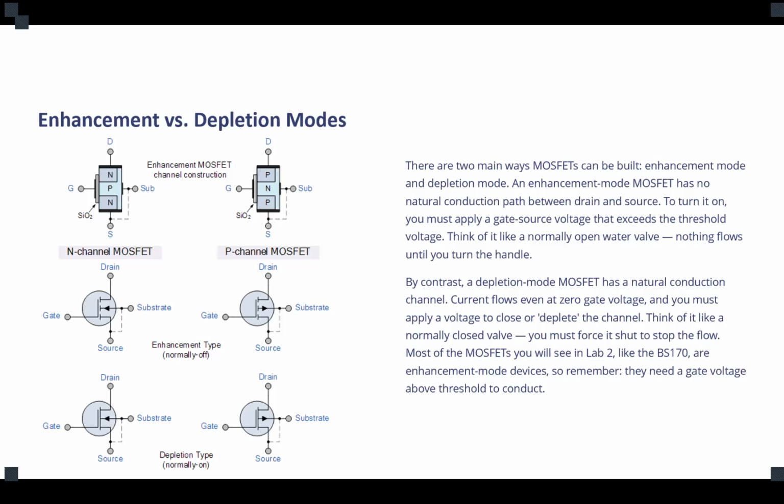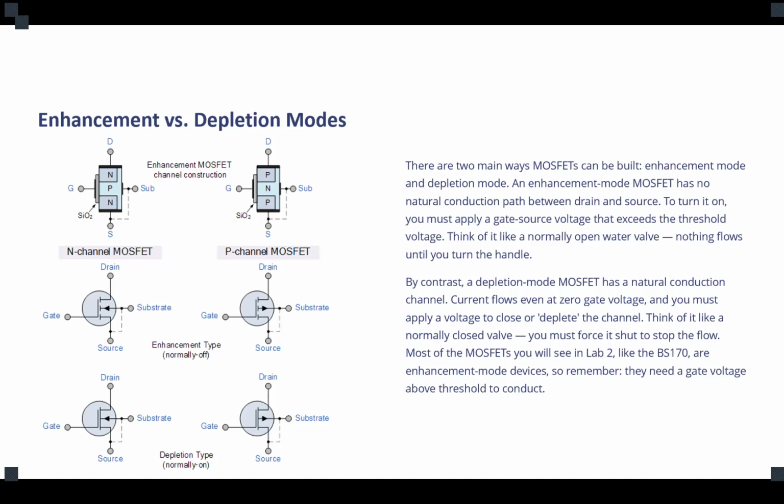If we have NPN, we call it N channel MOSFET or NMOS. If we have PNP, we call it P channel or PMOS. So basically, the semiconductor connected to the drain and source defines what type of MOSFET you have.